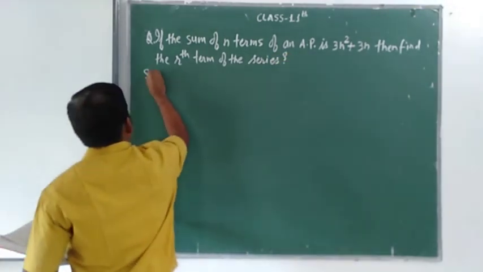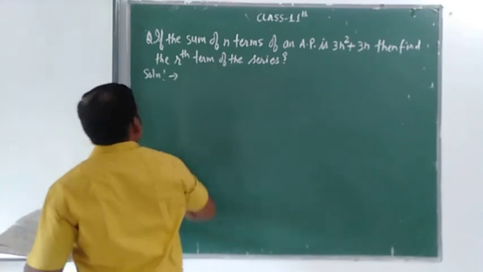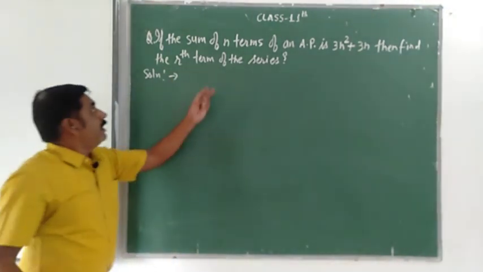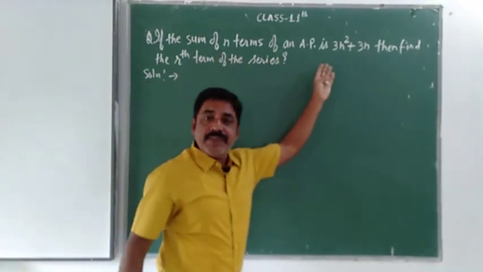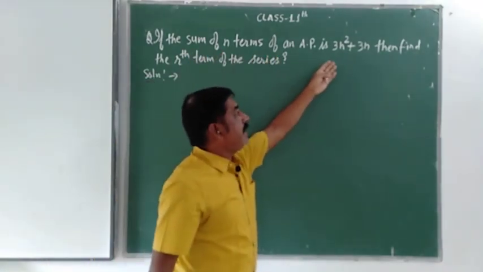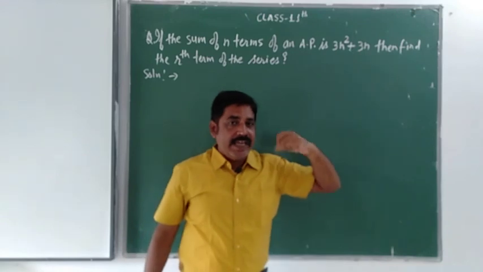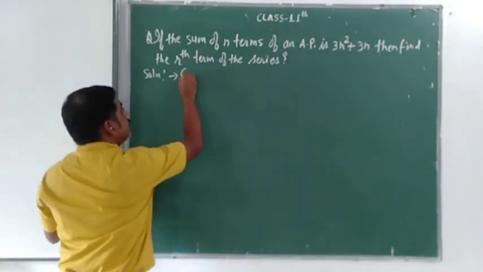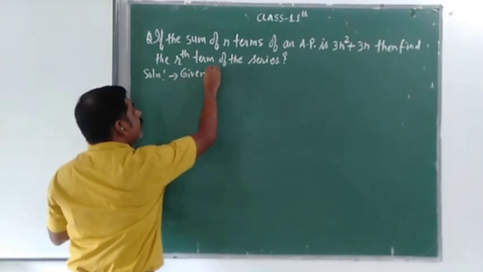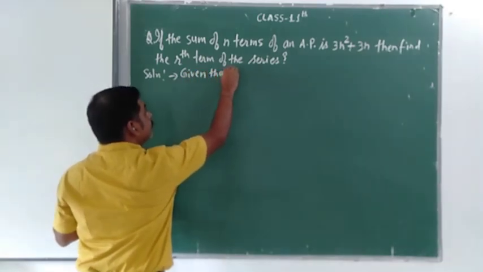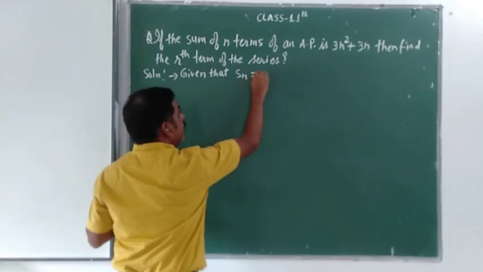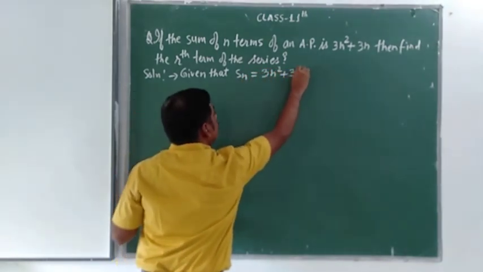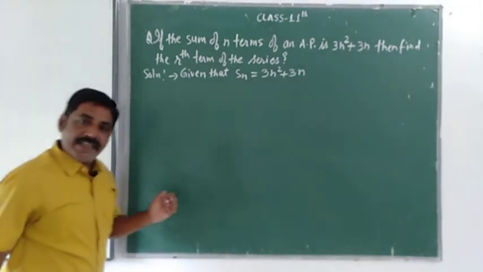Clear? So this is the question. What is given is the sum of n terms of an AP, and the sum of n terms means Sn. So given that Sn is equal to 3n square plus 3n, right?